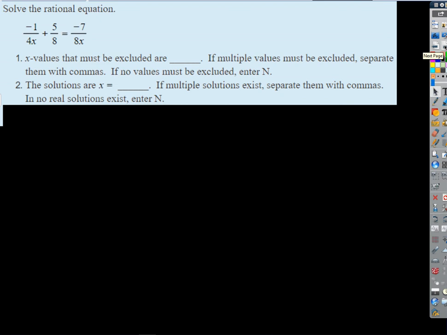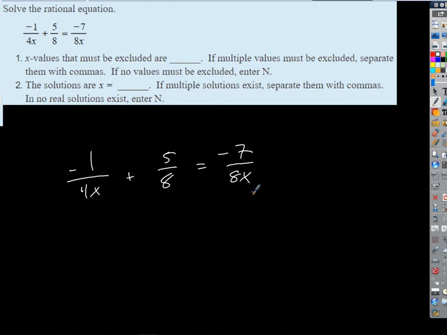Okay, same idea, only difference being now we've got some variables at the bottom. So what do you think? What could I do?